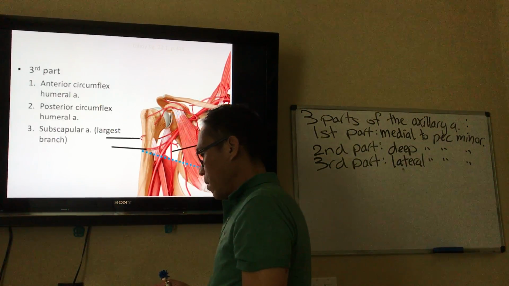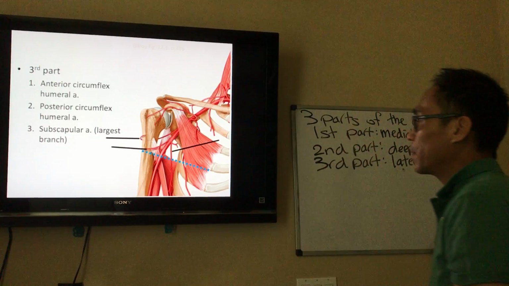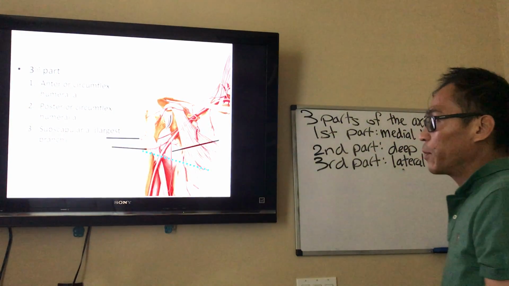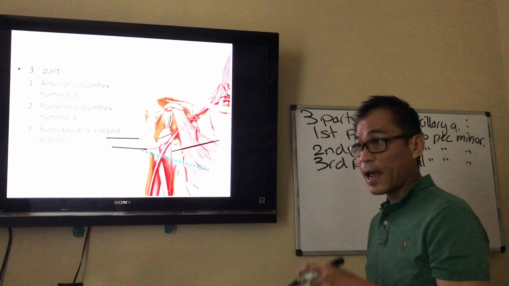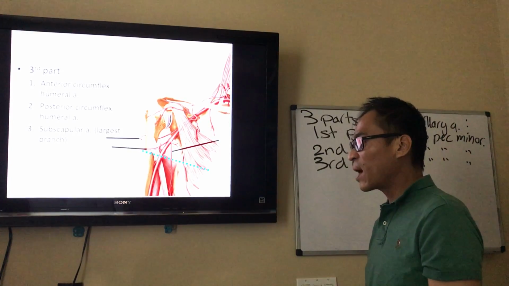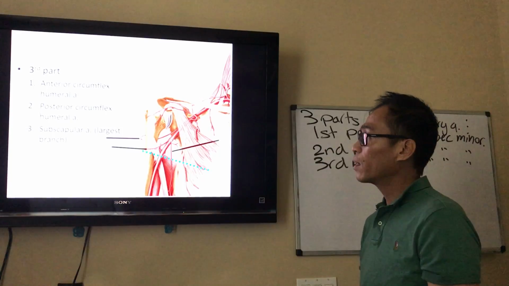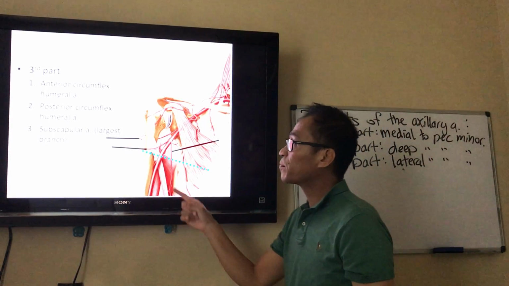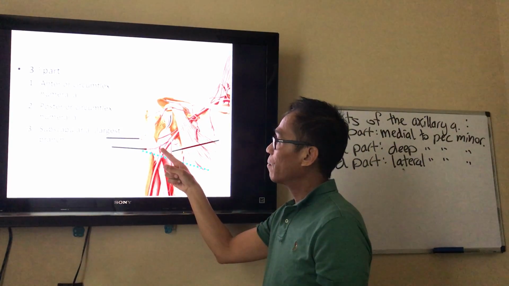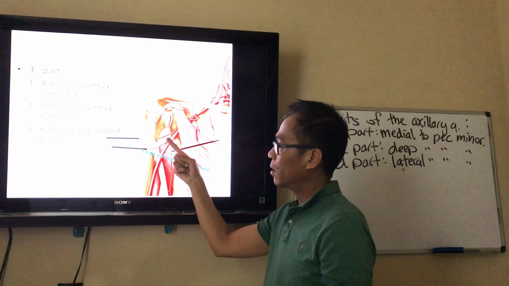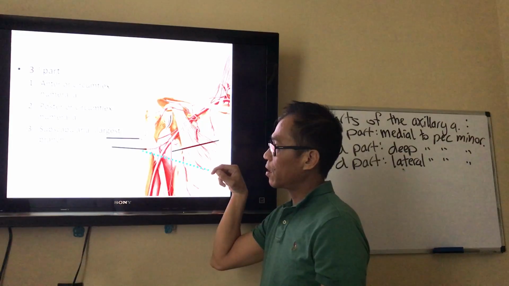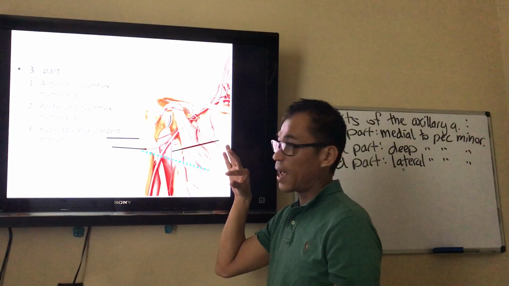Well, it turns out there are many branches of the axillary artery, but the major ones that we have students know in this class all branch off the third part. The third part has, conveniently enough, 3 branches, and they're listed here. The anterior and the posterior circumflex arteries, they wrap around the surgical neck.